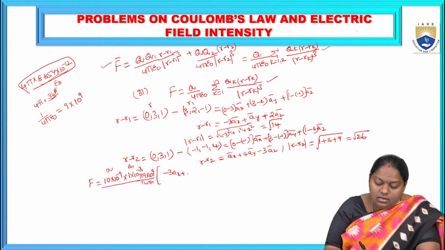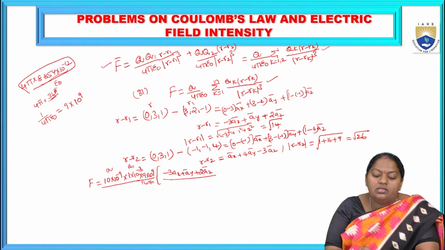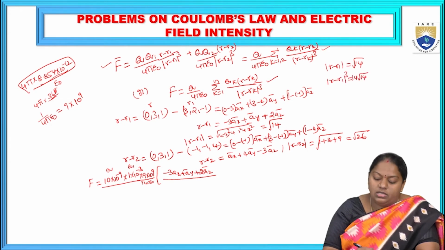Minus 3ax plus ay plus 2az, by the modulus of r minus r1 whole cube. The value we have got here is root 14, so modulus of r minus r1 is root 14, then modulus of r minus r1 whole cube means 14 root 14, which we have considered further.